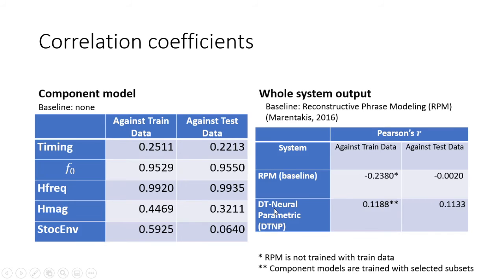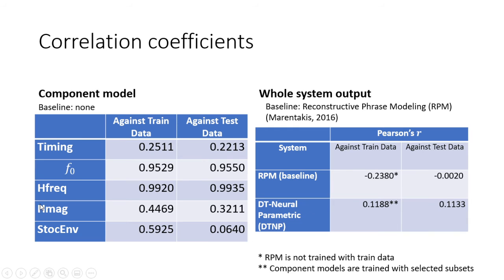For the neural parametric, our system, there are slight improvements in the correlation coefficient. The correlation coefficient is now positive. So for correlation coefficient, -1 is very bad, 1 is very good, 0 is there is no correlation. So we have positive correlation here. It is quite good, not quite good, but it is better than the baseline.